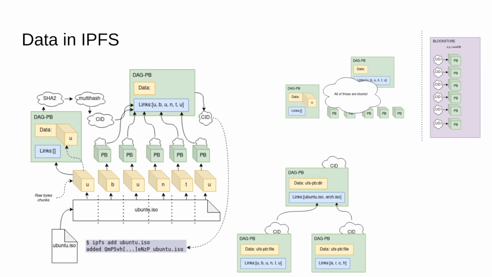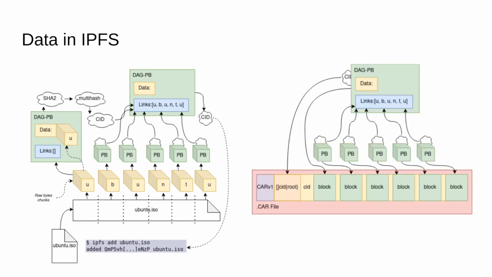For directories, we just get another DAG protobuf object per directory, unless the directory is really large, then you get HAMTs, but it doesn't really matter here. And then we put those objects into what we call a BlockStore, which is just a glorified key value store for mapping CIDs to the actual block data.